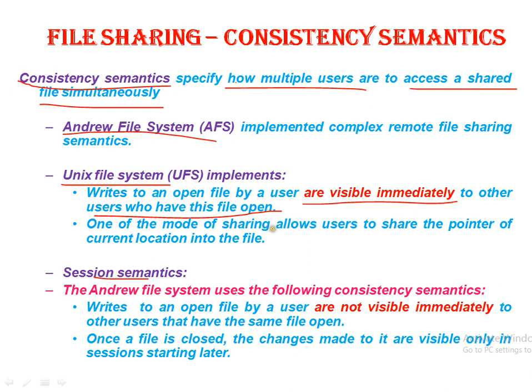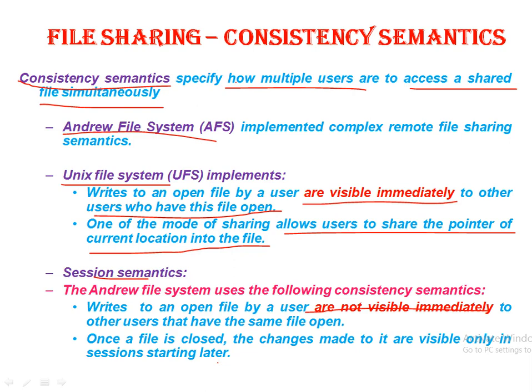One mode of sharing allows users to share the pointer of the current location in the file. Whereas in session semantics, whenever the file is open and a write is happening, it is not visible immediately to other users. Once the file is closed, the changes made to it are visible only in sessions starting later.